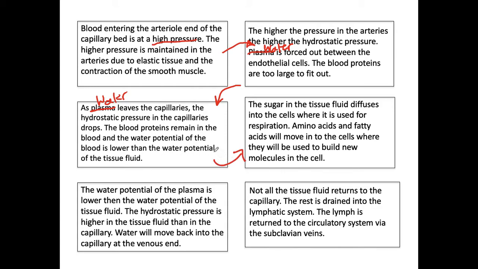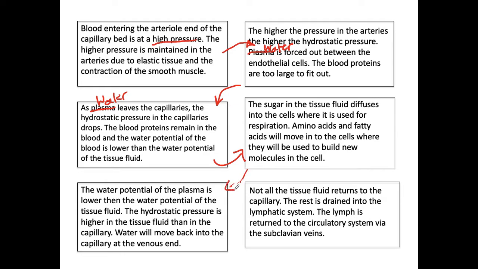The sugar in the tissue fluid diffuses into the cells where it's used for respiration. Amino acids and fatty acids will also move into the cells through facilitated diffusion, where they might be used to synthesize new molecules. So therefore there'll be a concentration gradient where there is a lower amount inside the cell because they're being used up.